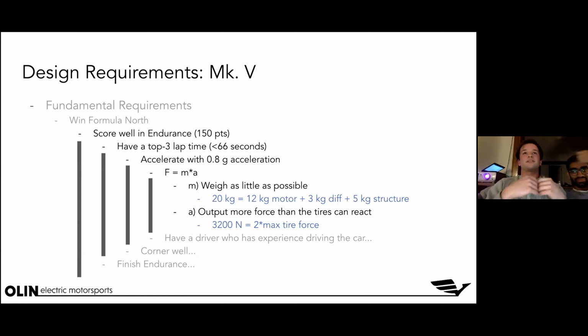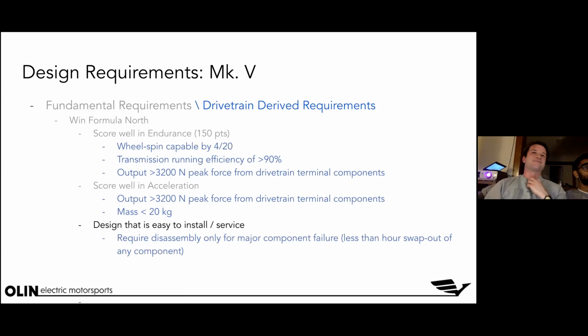You can see how rapidly something as simple as winning Formula North becomes an incredibly large number of metrics that every subsystem on the entire car has to deal with. So this is a much better illustration of why this is so much engineering work. But it's also really interesting engineering work. And it's worth taking the time to do, because if you poorly define your requirements, you're going to be hammering something with a toothpick, and it's going to be a bad time.